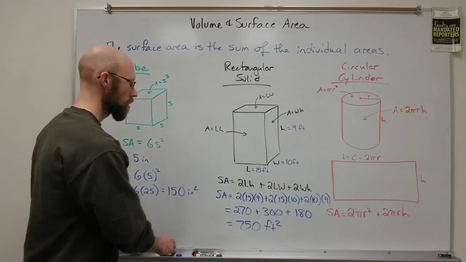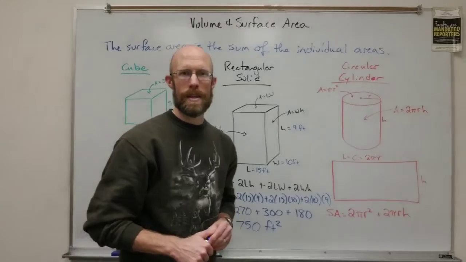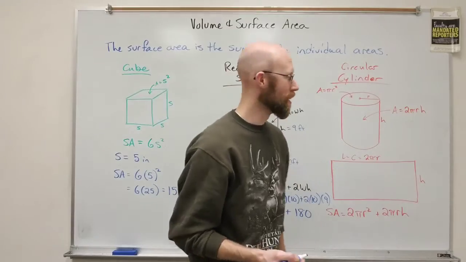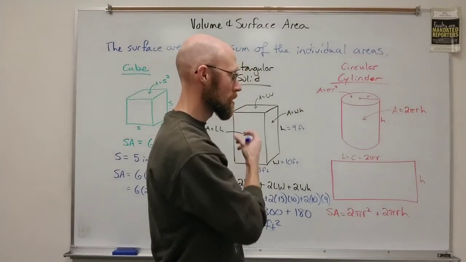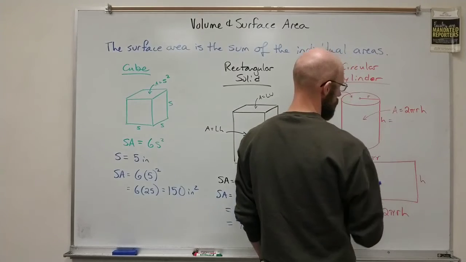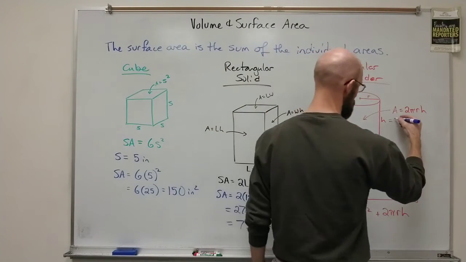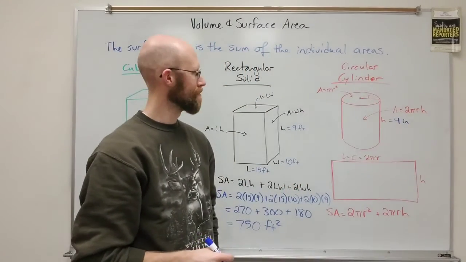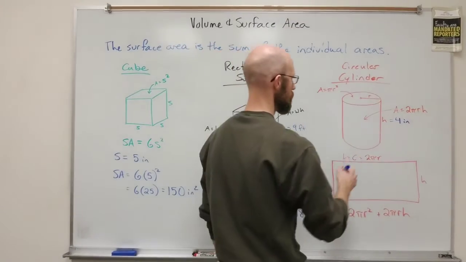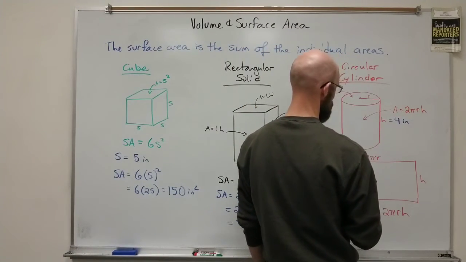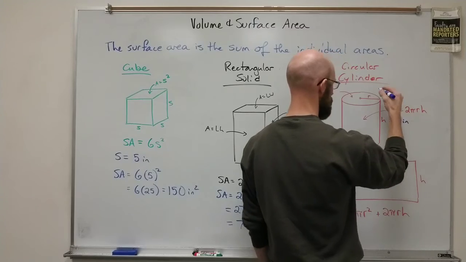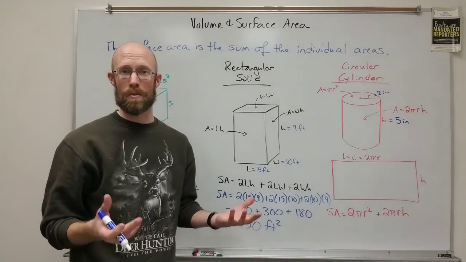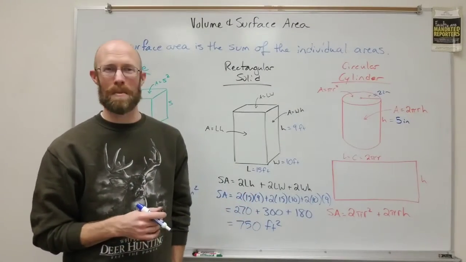And of course, for the cylinder over here, let's say I had a can of chicken noodle soup. Let's say the can had a height of 5 inches and a radius of 2 inches, that should work. Then we want to figure out how much aluminum it takes to make that can.